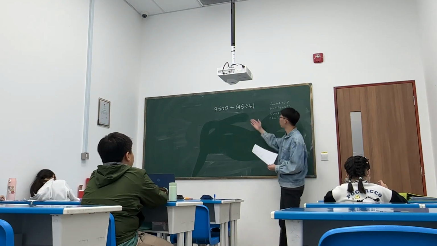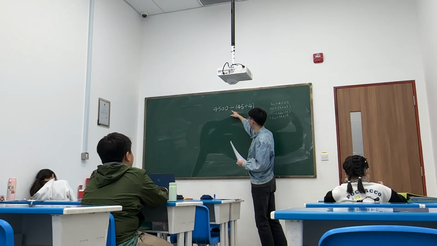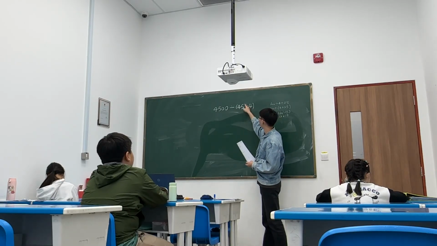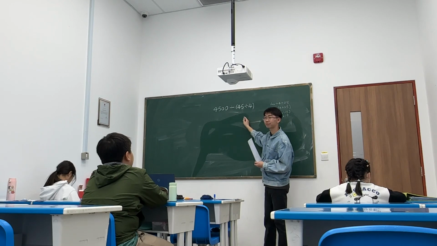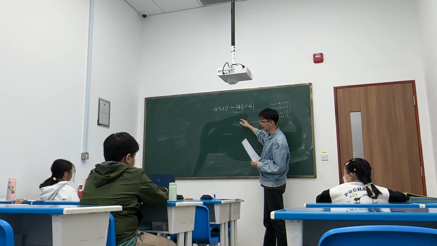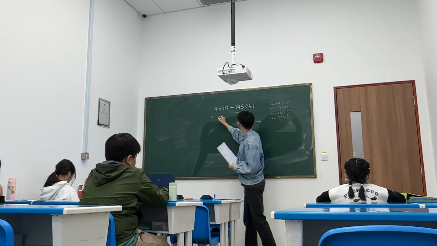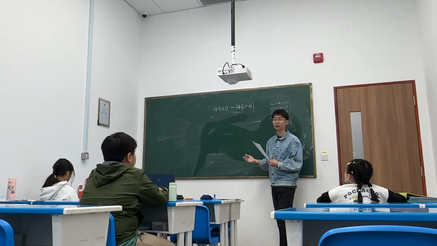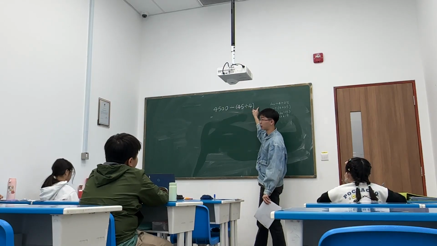Now for this question, in front of it is a division sign. So if you want to take out this bracket, this sign should be what? It should be times, perfect. So 45 divided by 4, you can't get a whole number result, right? So we should break this bracket now.